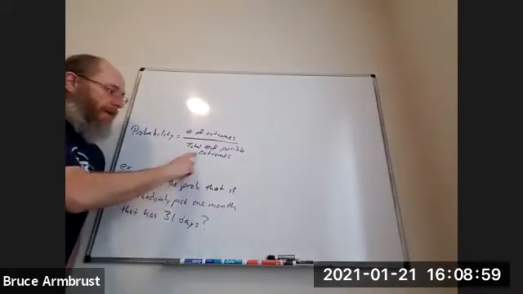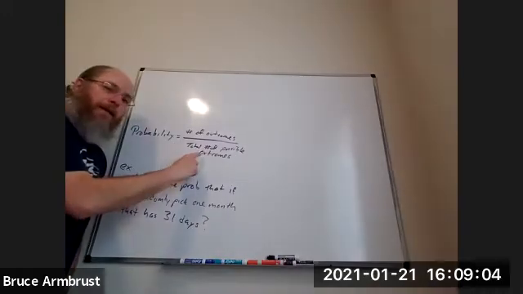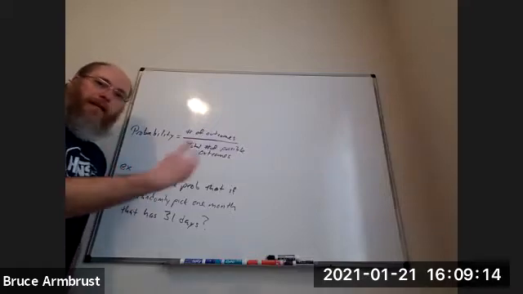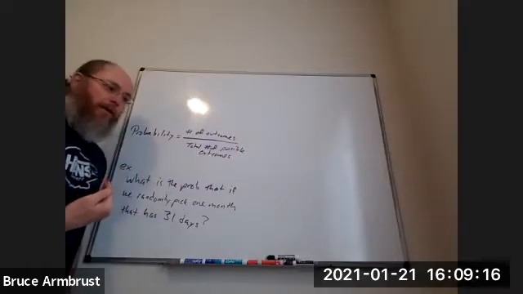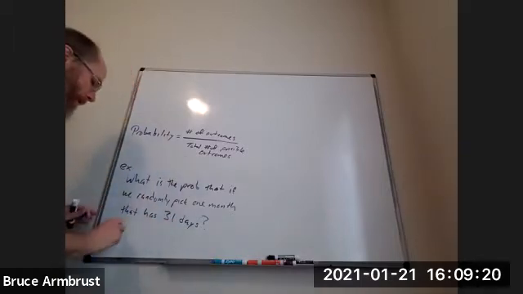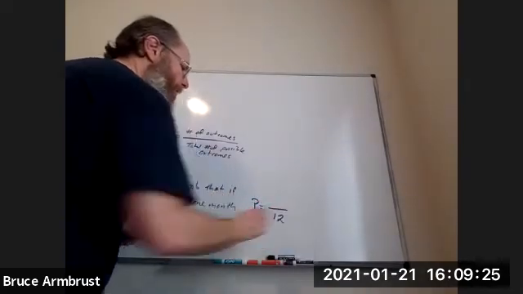Let's start with that because that's really easy. How many possible outcomes are there? 12. So there's going to be 12 different months we can pick, anything from January through December. So the bottom of our fraction for this probability is going to be 12.